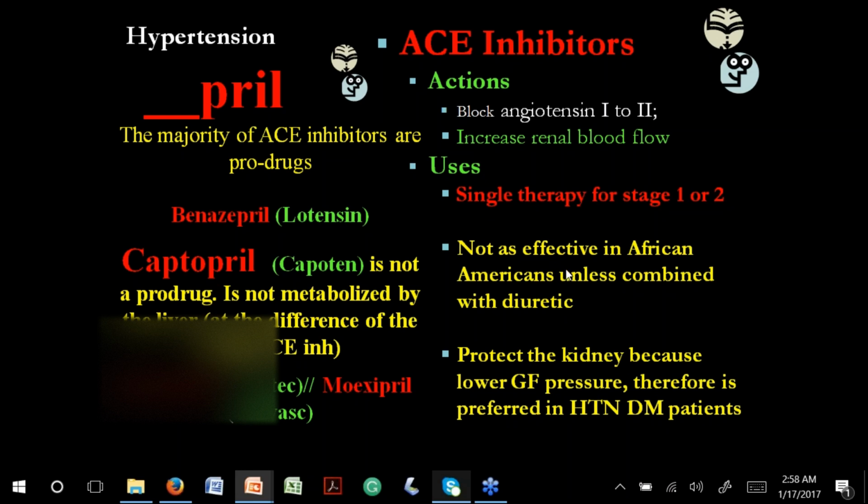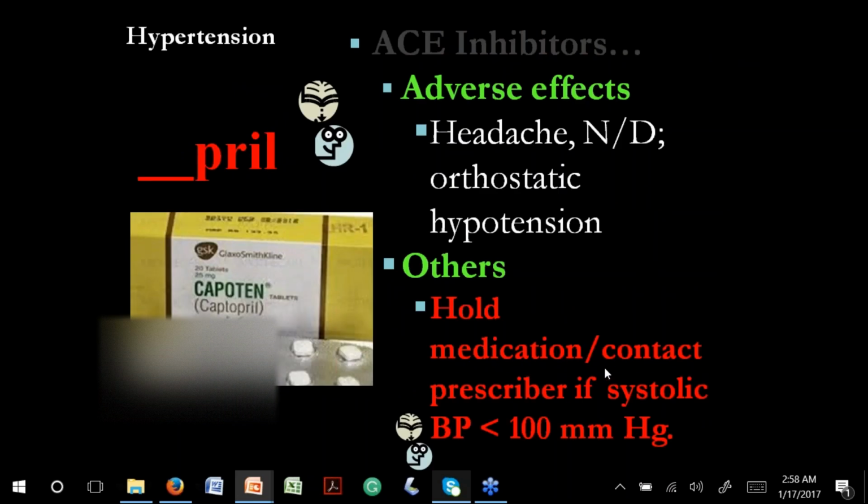Diabetic patients have hypertension because of the narrowing of the vessels, which decreases the blood supply to the kidney. So ACE inhibitors help the kidney work with less effort because they lower the glomerular filtration pressure of the kidneys.